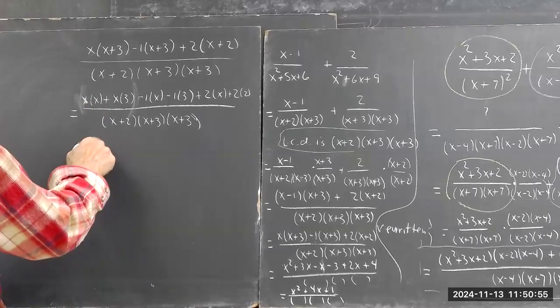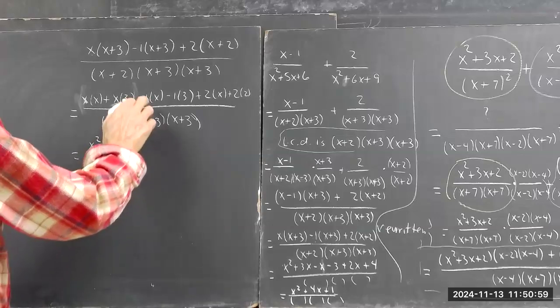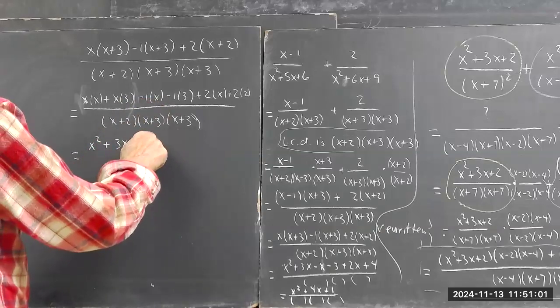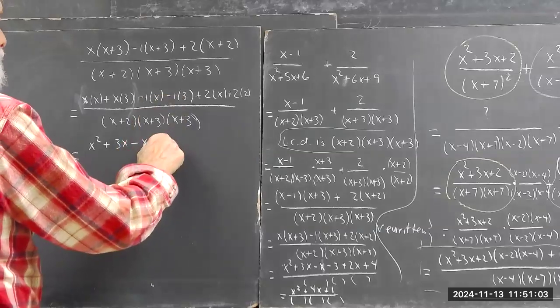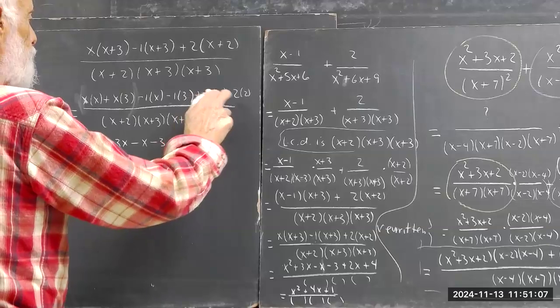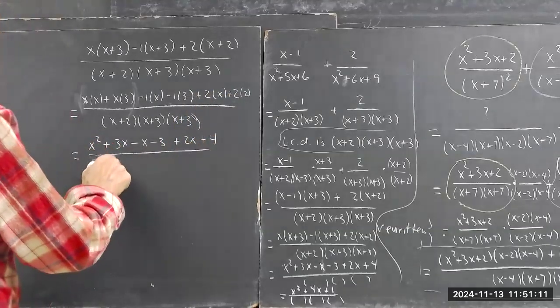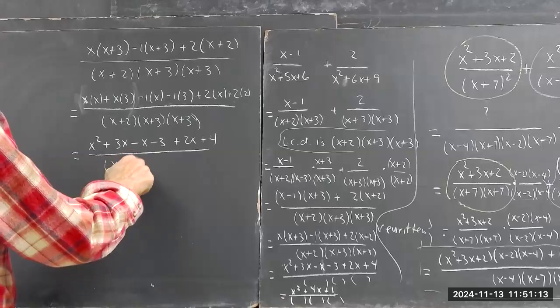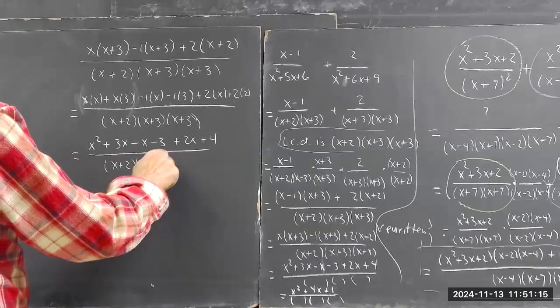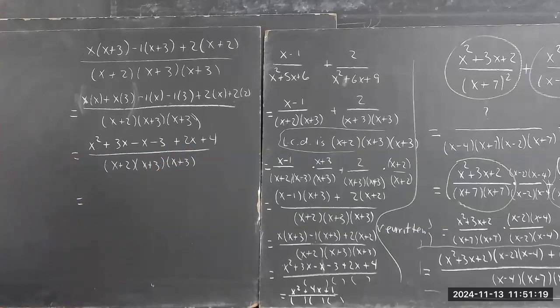X times x is x squared. X times 3 is 3x, and it's a plus. Negative 1 times x is minus x. Negative 1 times 3 is minus 3. 2 times x is 2x. And 2 times 2 is 4. Okay?